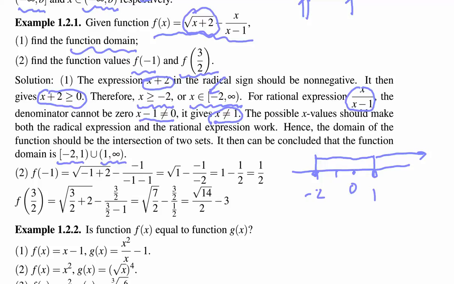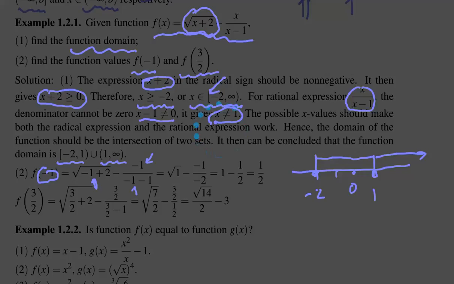For question 2, it might be easy. You may just plug in -1, and where x was, you replace x with -1. So here was x, here was x, and here was x.